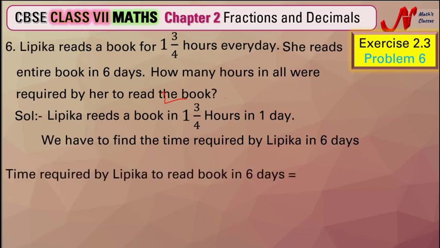Therefore, the time required by Lipika to read the book in 6 days is equal to 6 into 3 by 4 hours, which can be written as 6 into 1 into 4 plus 3 by 4, which is equal to 6 into 1 into 4, 4 plus 3, 7 by 4.